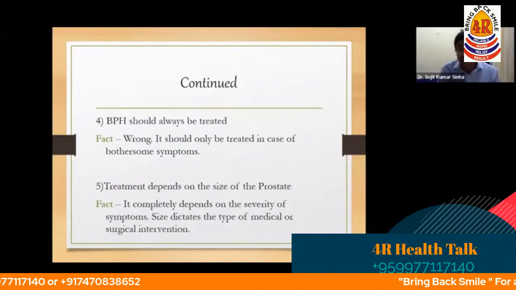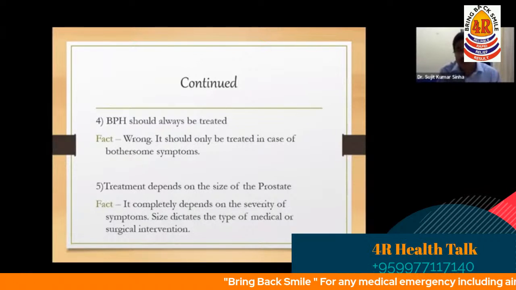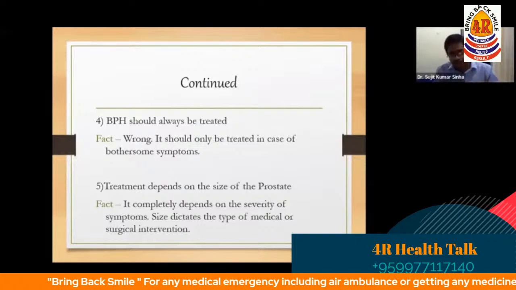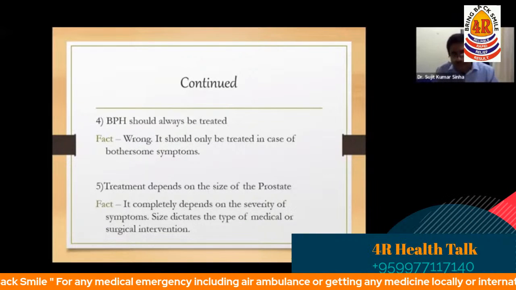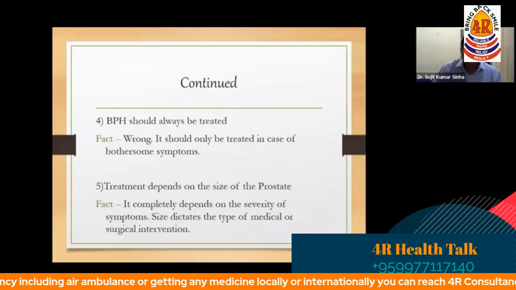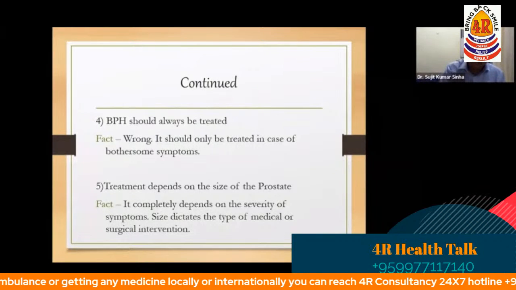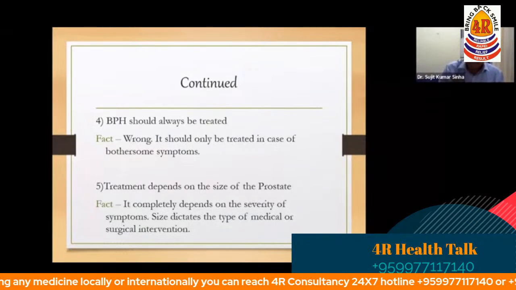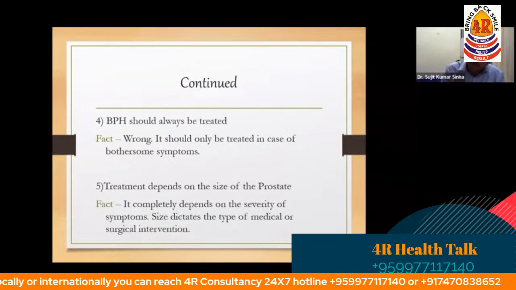And once we see that the medical intervention is not working, then you go to surgical. Now, what do I mean by not working? Say it's a 60 grams prostate, and we have started medical treatment. In medical therapy, there are two groups of medicines.